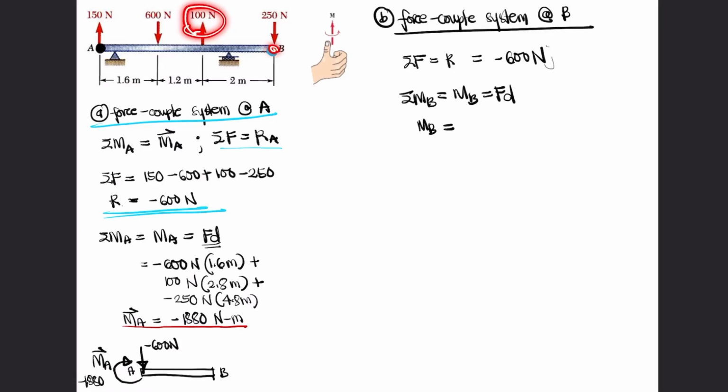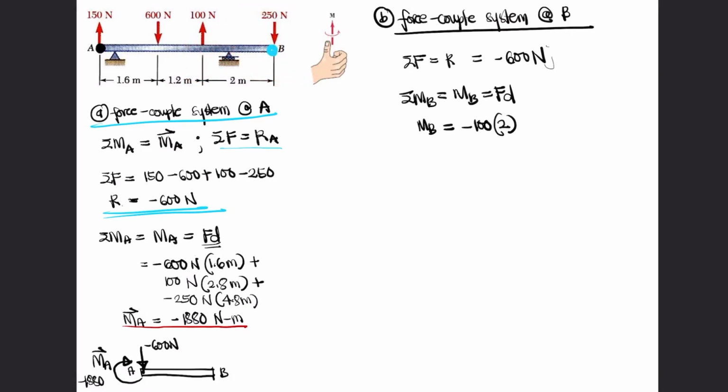Kaning 100, iparotate na sa B. Your thumb will point towards B, your fingers will curl clockwise direction. Meaning, negative 100 times perpendicular distance. Ang 600, mag-rotate siya sa imong beam pa na direction, pero imong thumb dayon mag-point towards U.